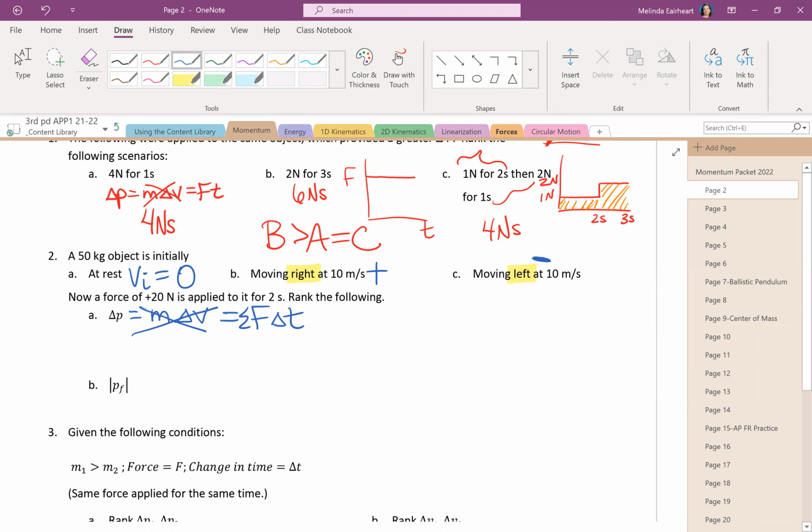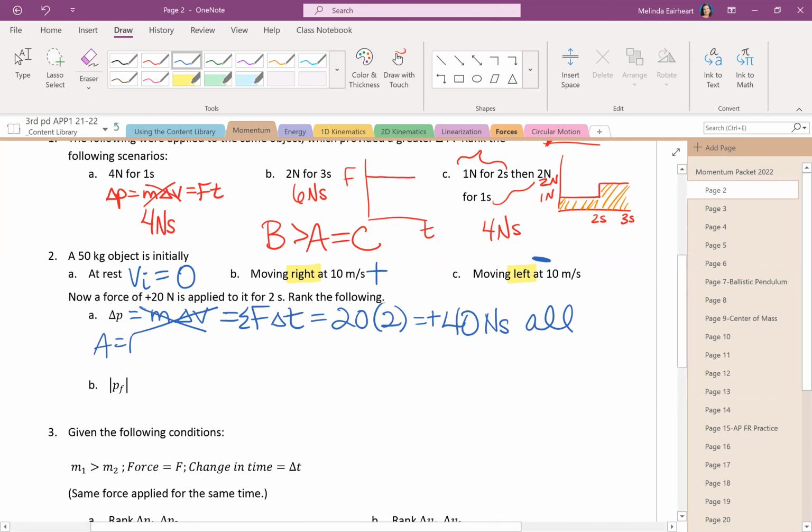No. And so we can assume that it's the same 20 newtons over the same 2 seconds. And so 20 times 2 gives us a positive 40 newton seconds for which scenario? All of them. So our ranking would be A, B, C, all equal.